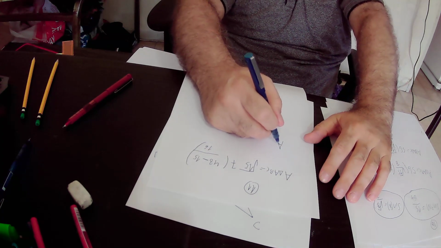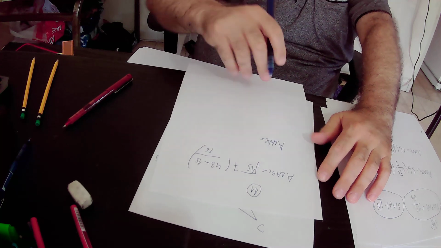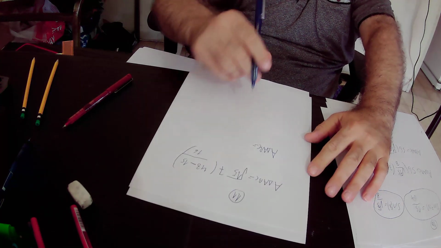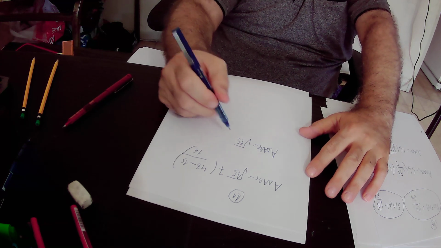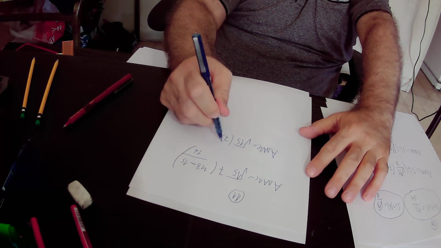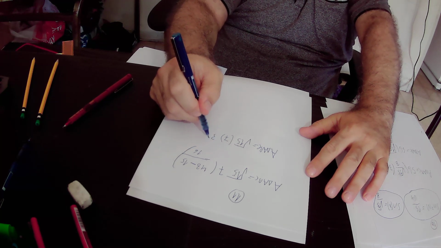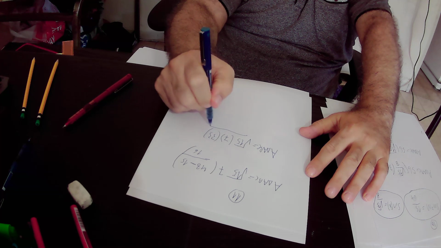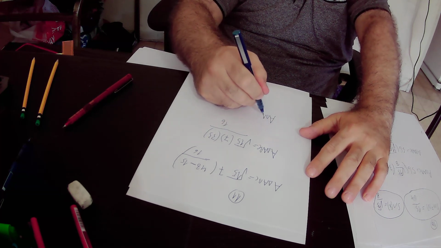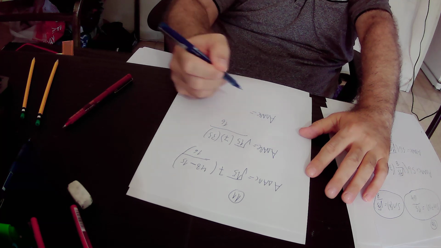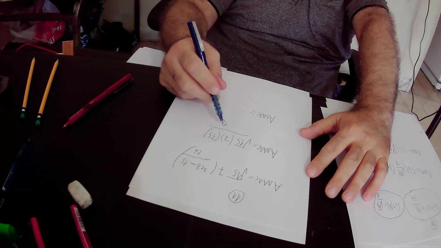So the area of triangle ABC equals root 15 times 7, times 33 over 16. 33 times 7 is 231.